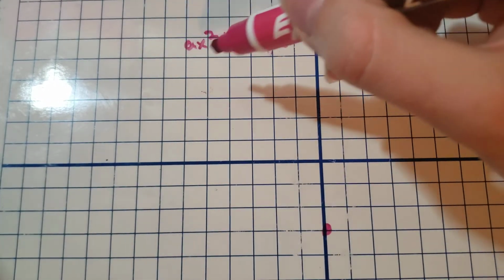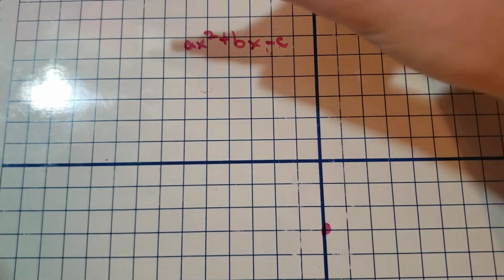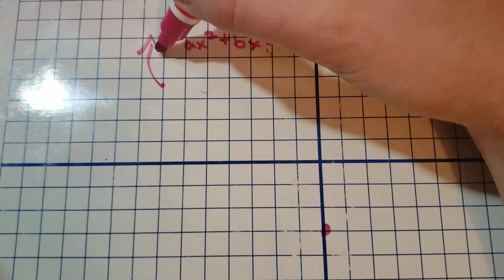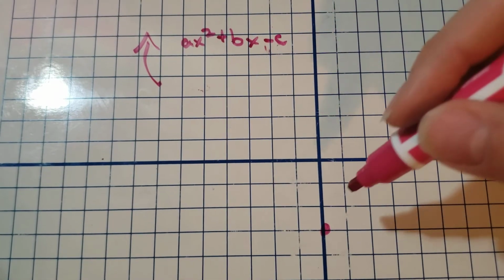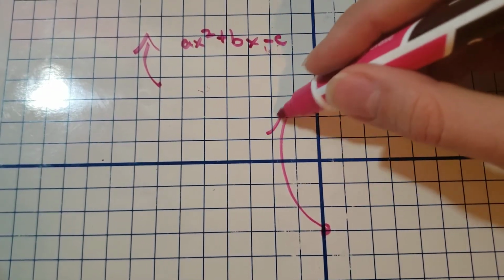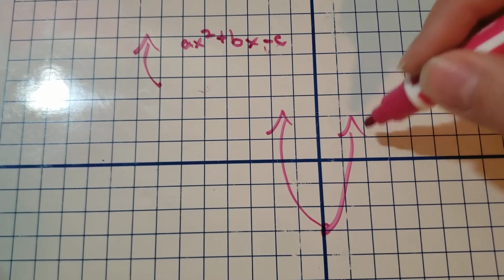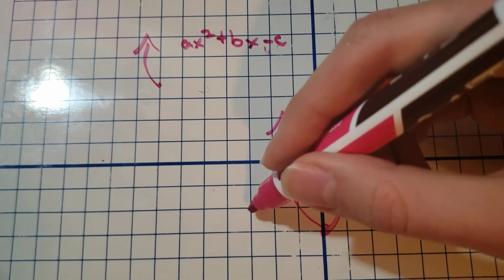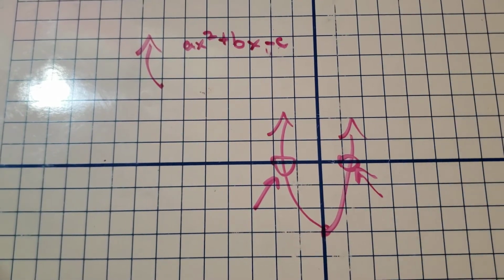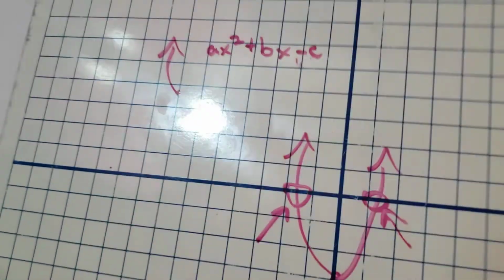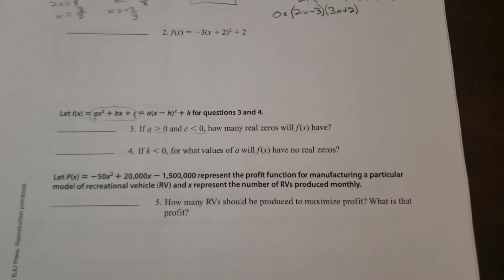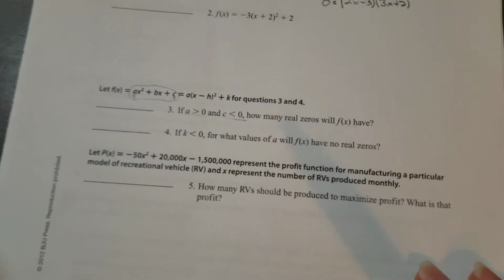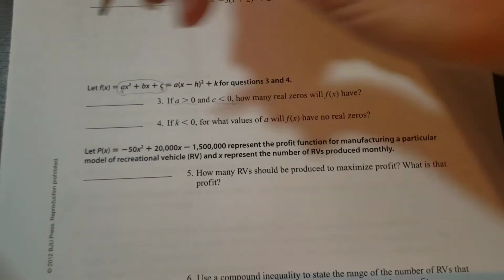But if our A is positive, that means that it's going to go up. So if our C is here and we're going up, that means we have 1, 2 zeros. So how many zeros will we have? 2.